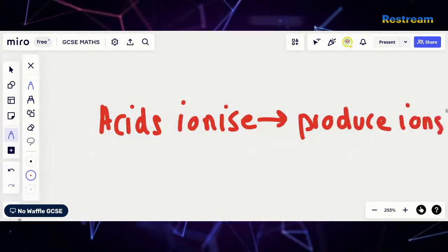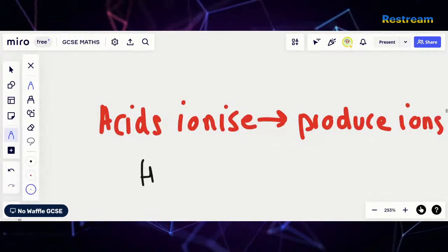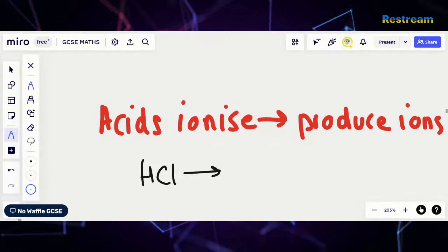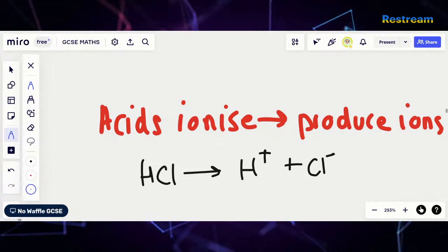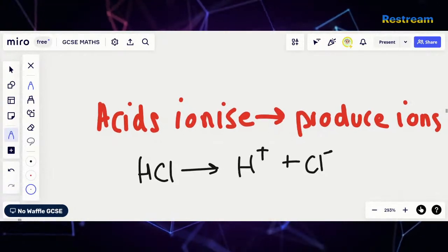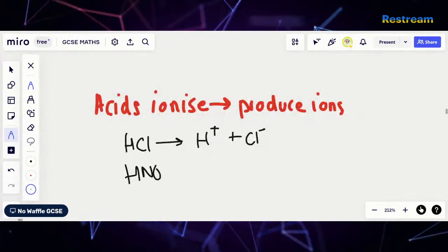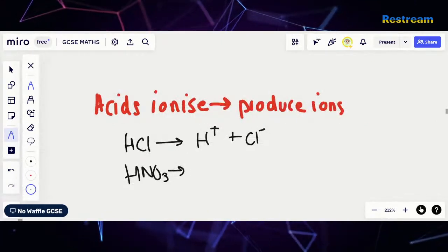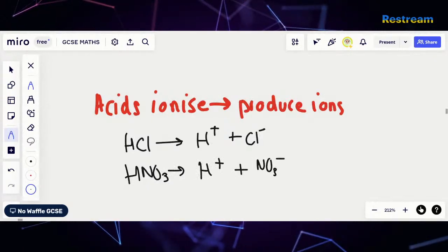So if we look at hydrogen chloride, it produces a hydrogen ion and a chloride negative ion. So that's how it works. Or if you have HNO3, this produces again a positive hydrogen ion and then negative NO3.